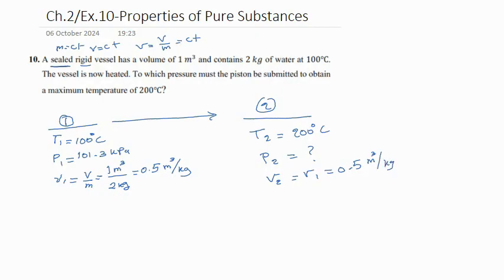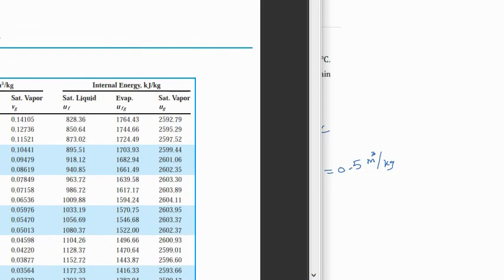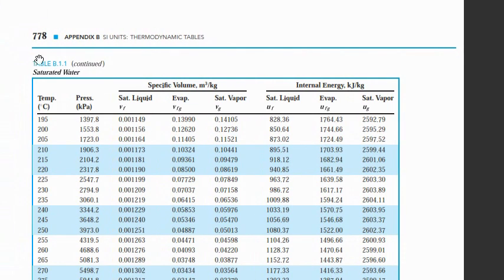So looking at the same table, B11, you will find that at temperature 200, the 0.5 meter cube per kilogram previously calculated is greater than the vapor specific volume, and that means we are in the superheated region.